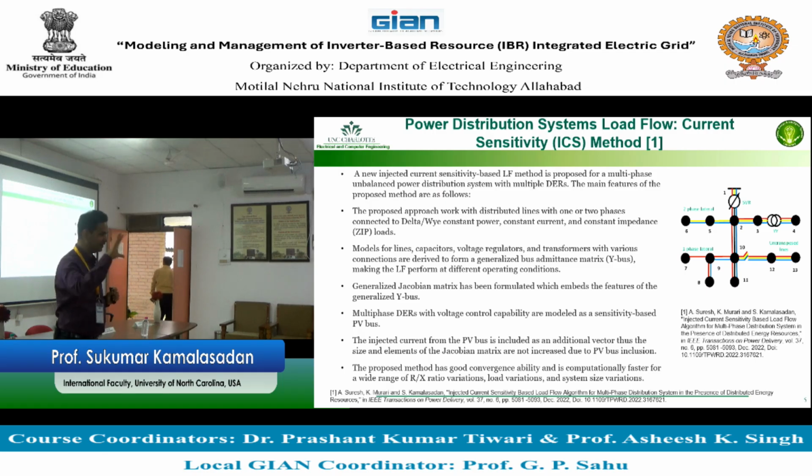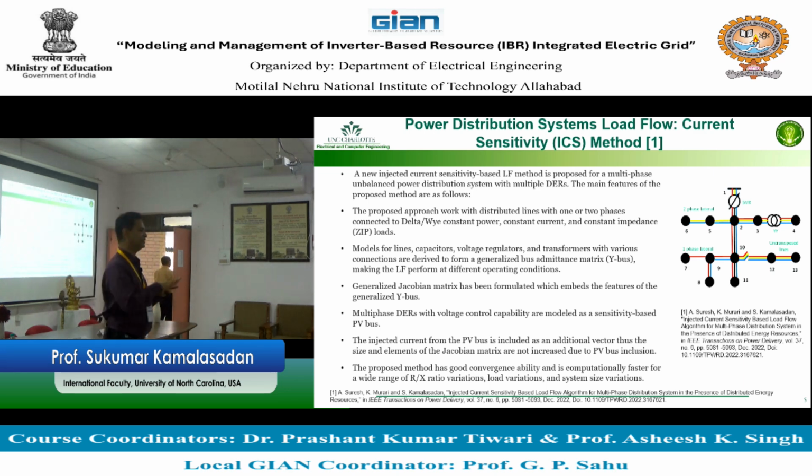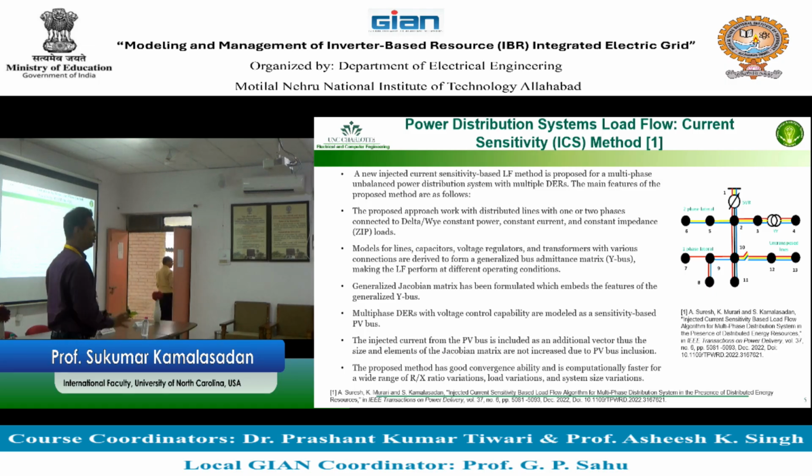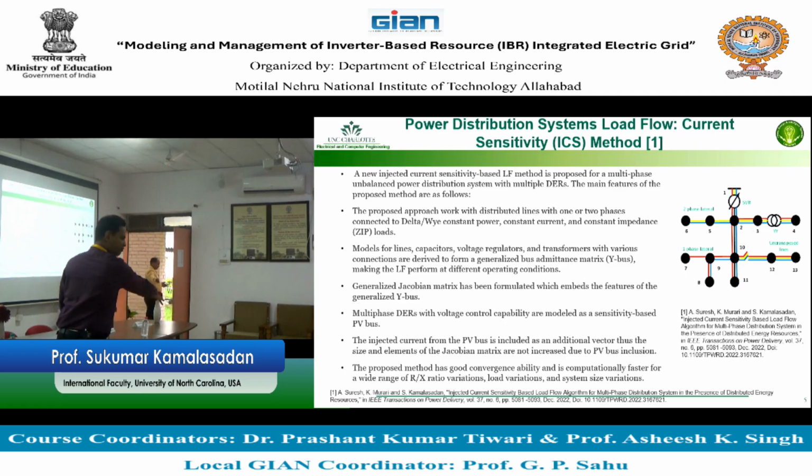So it is not a derivative with respect to time, but it is a derivative or partial derivative with respect to a variable, and that's why we call it sensitivity. So the difference between a sensitivity and a time derivative is that in sensitivity we are looking at the change of a variable with respect to a state or variable with respect to variable.